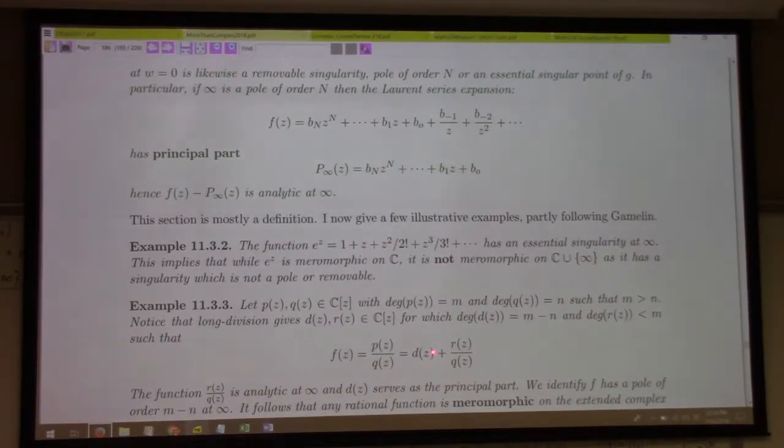But q of z is degree n, so there are at most n separate zeros for the denominator, and those are where the singular points are, all of which are isolated. So in total, we have at most n isolated singularities from this piece in the complex plane, and then an isolated singularity of order m minus n at infinity. So in the extended complex plane, we have just shown that a rational function is meromorphic, because every singularity that it has is either removable or a pole of order at most some finite value.